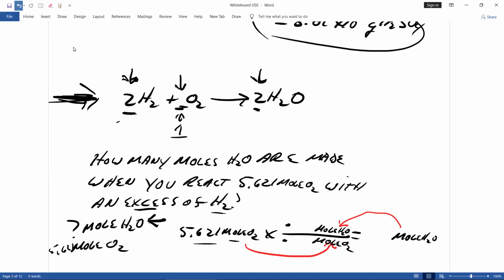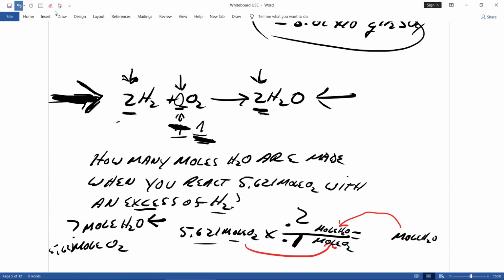Where do I get these numbers? From the balanced chemical equation up here. For every 1 mole of oxygen, when there's no number here, it's the number 1, I make 2 moles of water.